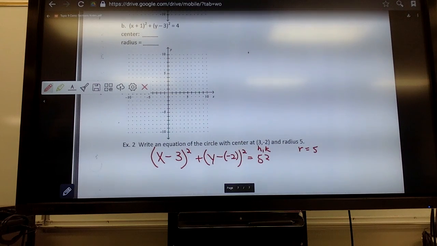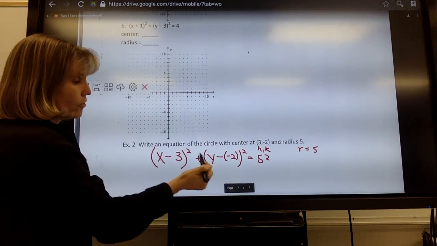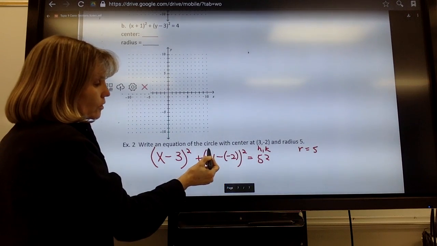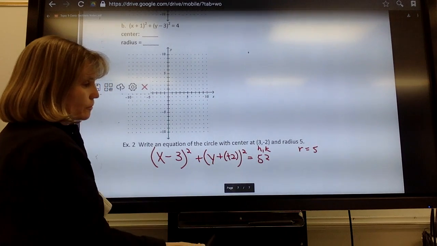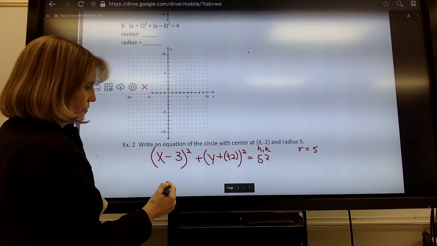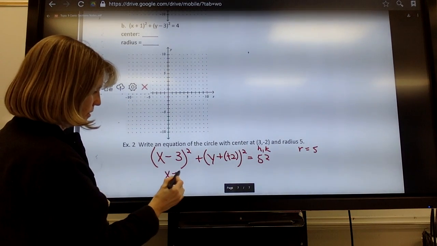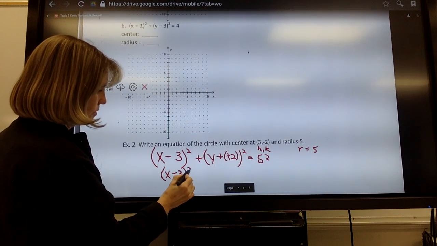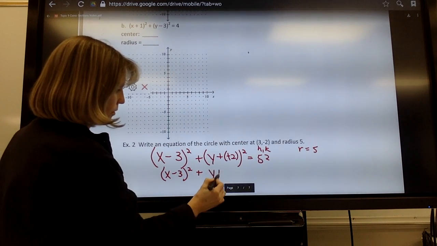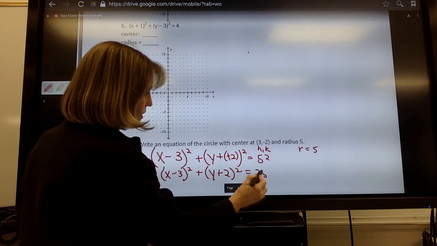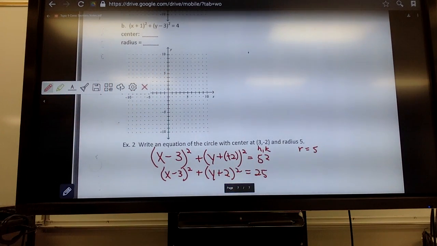Okay, we want to clean that up and simplify that. We never are going to leave 2 subtraction signs consecutively like that. So we're going to do leave, change, change. And then we want to square the 5. So I would leave my answer as x minus 3 quantity squared plus y plus 2 quantity squared equals 25. That's the equation that I would have.